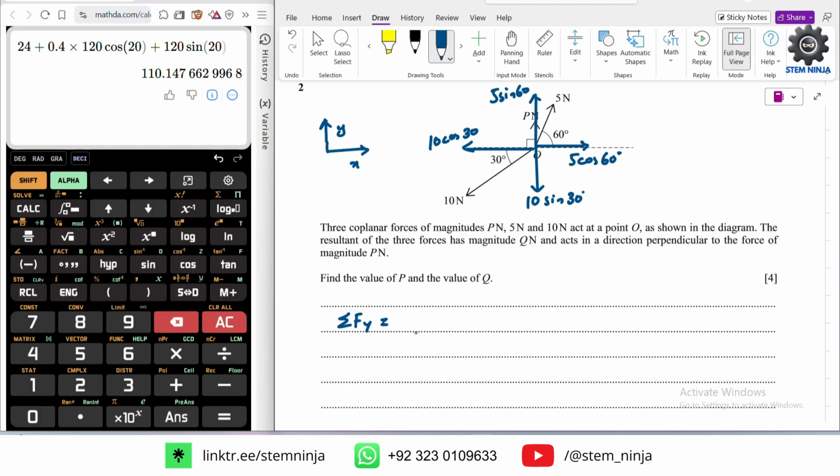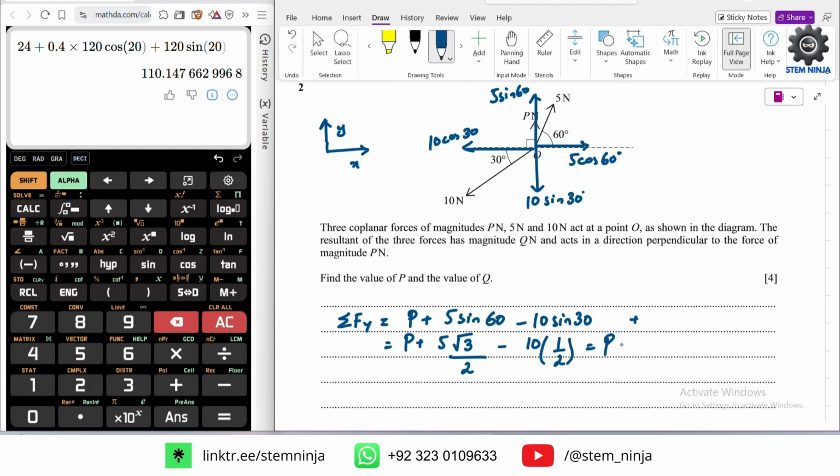So sum of forces parallel to y is P plus 5 sin 60 minus 10 sin 30. Sin 60 is root 3 over 2, and sin 30 is 1 over 2.